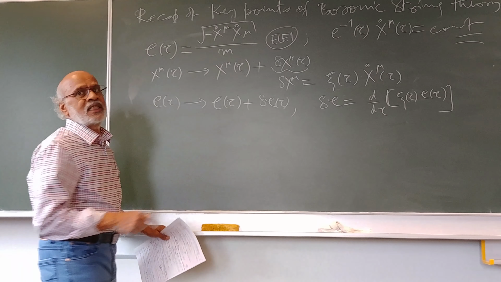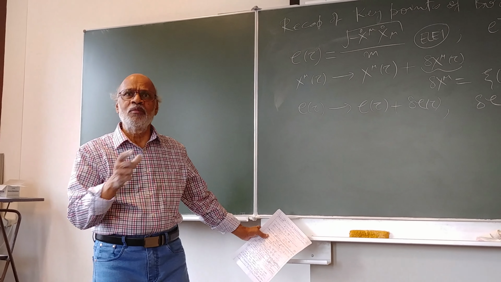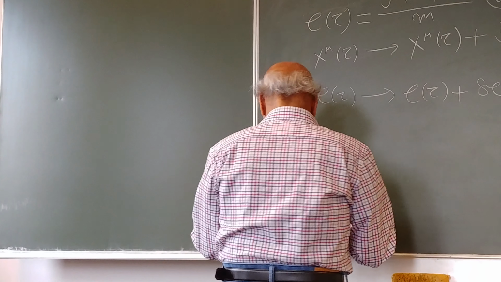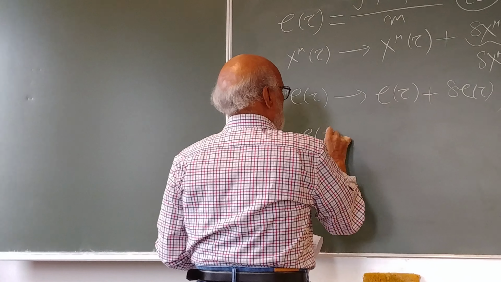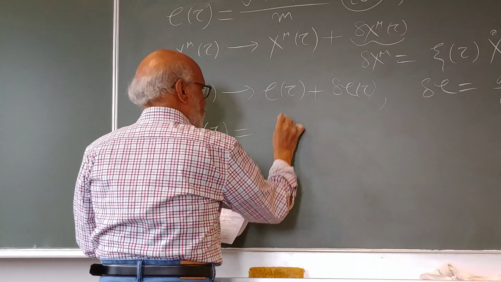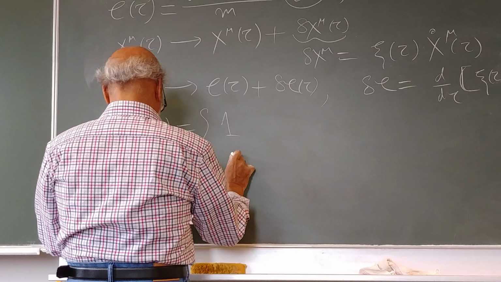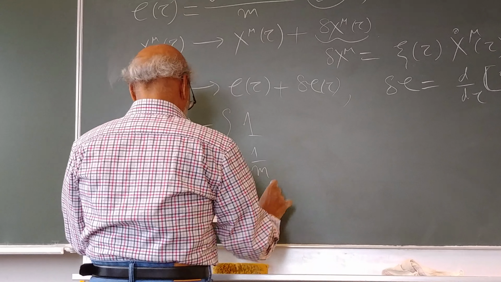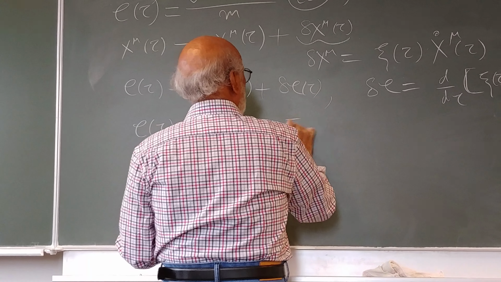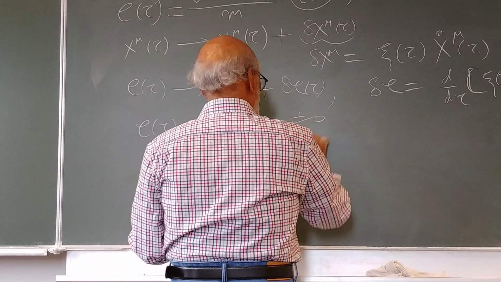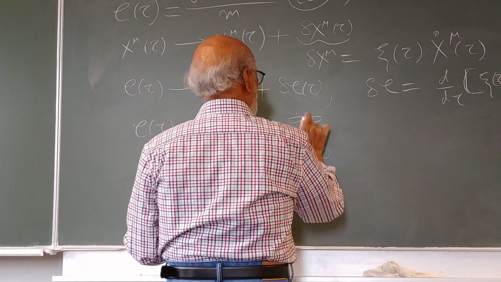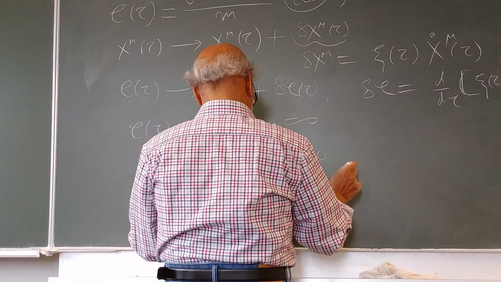You can use this gauge symmetry of the theory to pick some gauge. What you can do is put e of tau equal to 1, or equal to 1 by m. The first is for m equal to 0, the second for m not equal to 0.